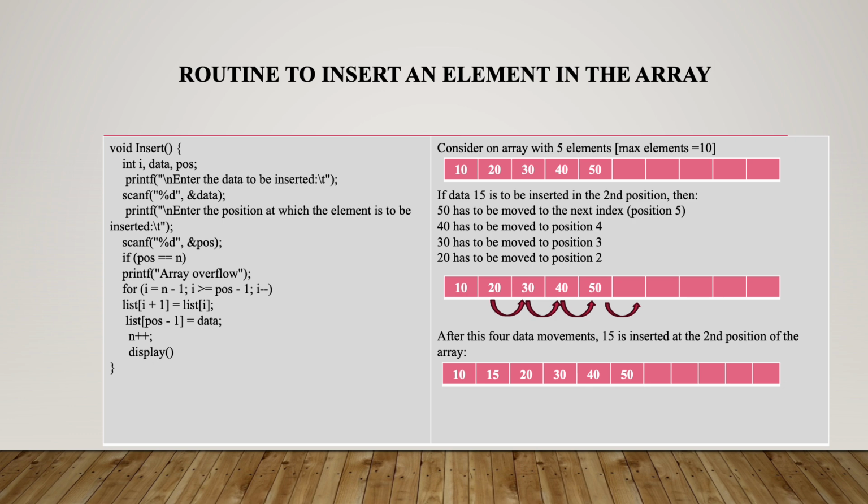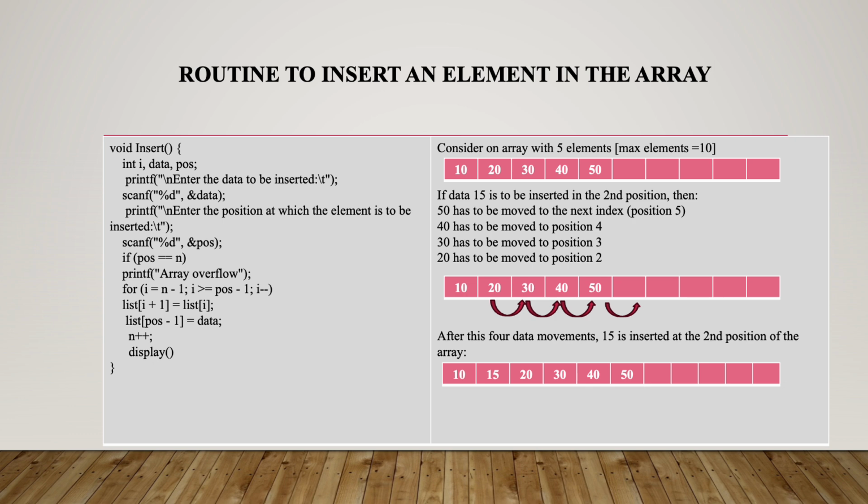Now let's understand how the insert function works in our array based list. The function starts by declaring three variables: i, data and pos. It first asks the user to enter the data value they want to insert into the array.